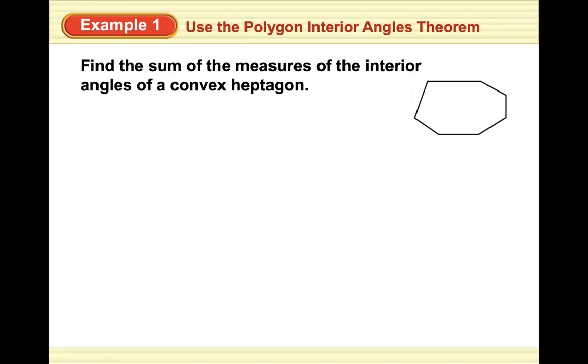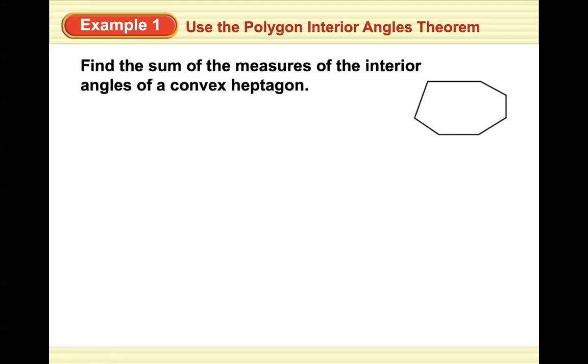So the first thing we're going to talk about is interior angles of a regular polygon. Now, what we did on Friday is this. We did examples 1 and 2, which talked about finding the sum of the interior angles.